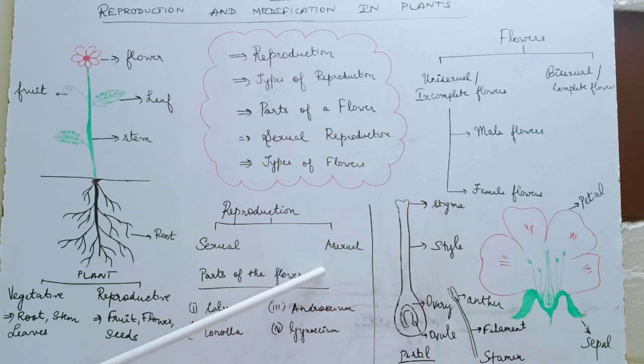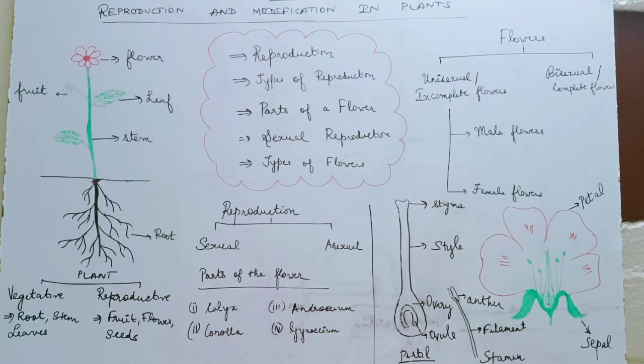Reproduction without seed is asexual reproduction. Now we will learn more about sexual reproduction. Seeds are produced from the flower by the process of pollination and fertilization.